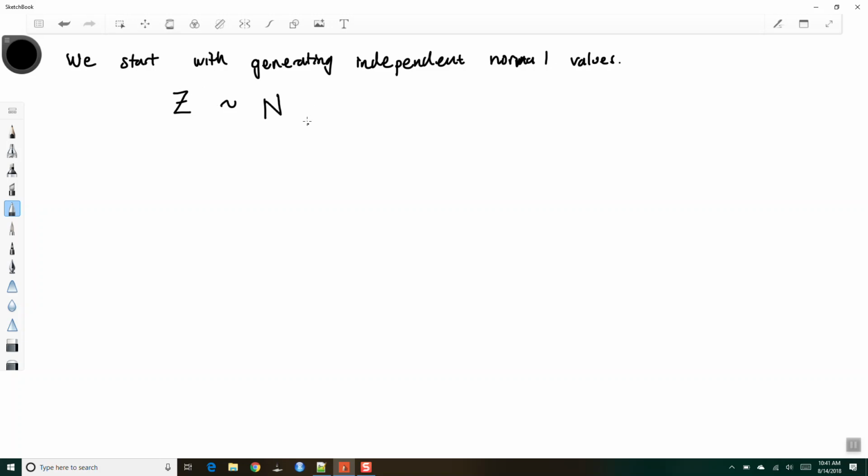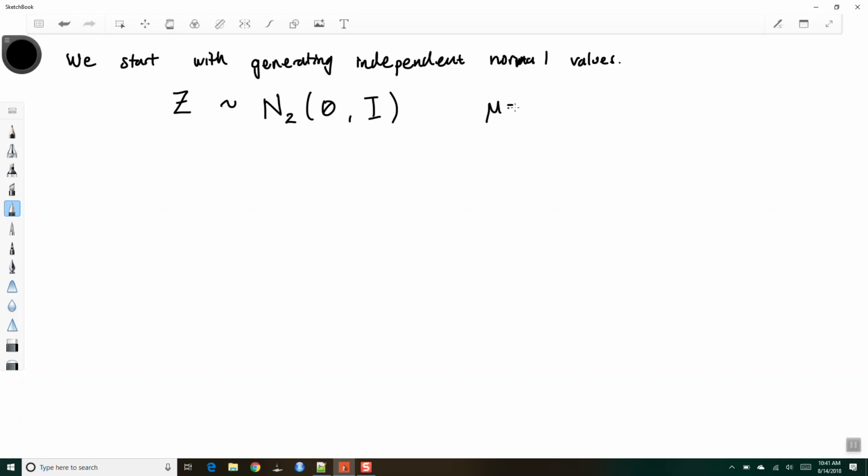So we will start with generating independent normal values. Okay, so we'll say z comes from a bivariate normal with the 0 vector and the identity matrix as its covariance, right?